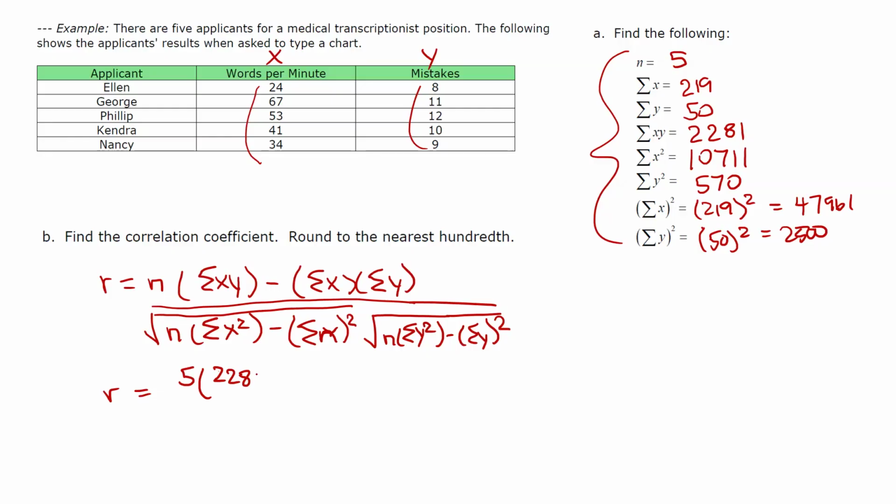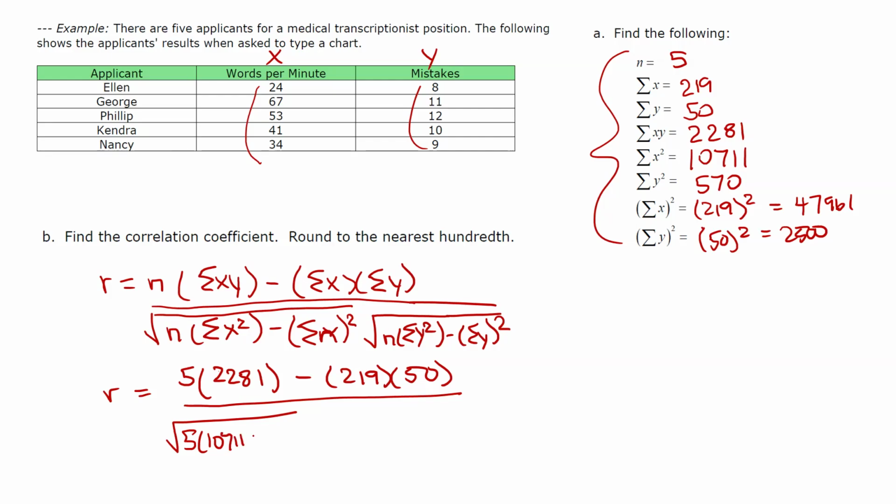xy is 2281. Then we have 219.50 divided by the square root of 5 times 10,711 minus 47,961.